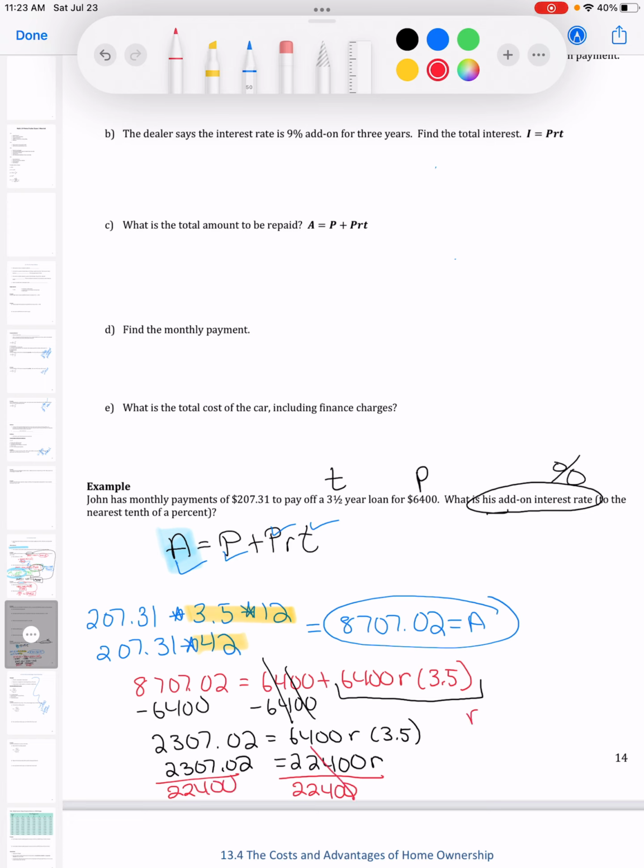So that's going to give me R equals, I'm going to write down what my calculator gave me so we can talk about how to write our final answer. The final answer says that we want to round it to the nearest 1/10 of a percent. I know the word 1/10 comes up first when I read that, but if I'm dealing with percents, I need to move the decimal before I round.